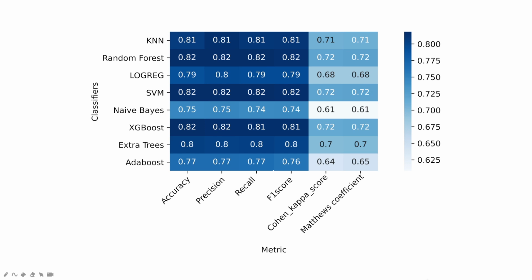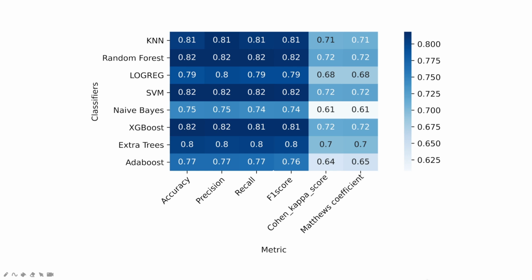Okay, now even though naive Bayes is not performing well here, it does not mean that naive Bayes will always perform poorly. The performance of classifiers depends on a lot of factors. It can be the data, it can be the number of samples, there are a lot of things to consider.